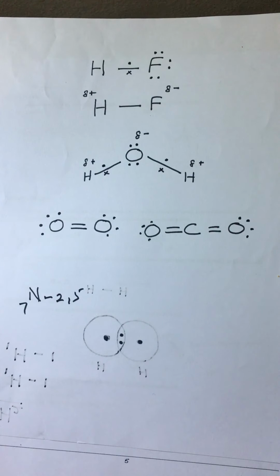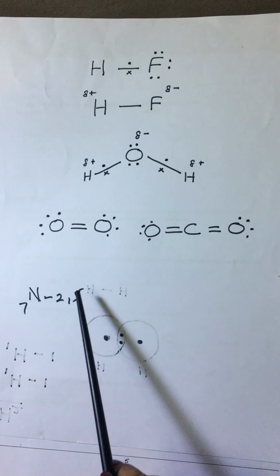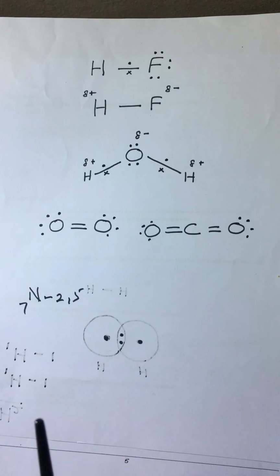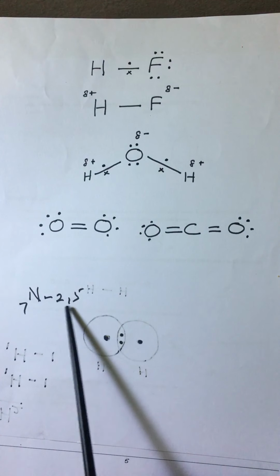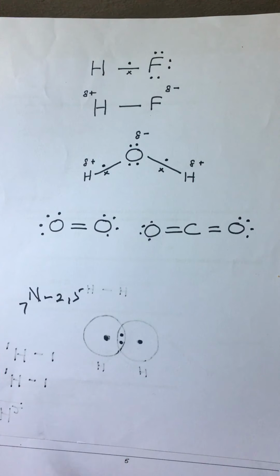That means the nitrogen needs 3 electrons. Out of 5, only 3 make bonds, and the other 2 do not make bonds. So they remain outside.